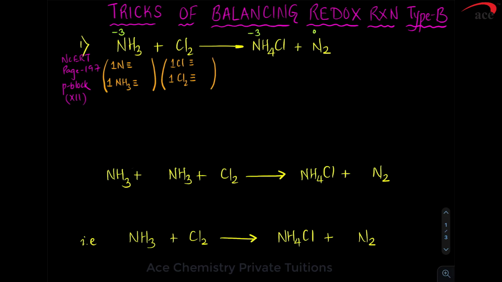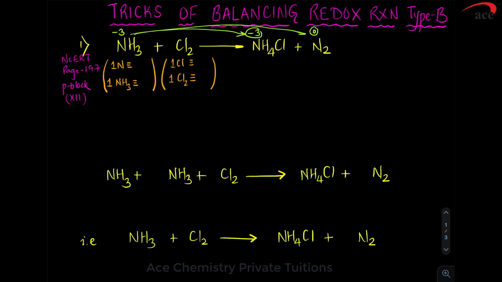That means nitrogen's oxidation state remains the same in one of the products, while at the other place it is changing. When a reactant gives a product where the oxidation state remains the same in one case and is changing in the other, that type of question is called type B.